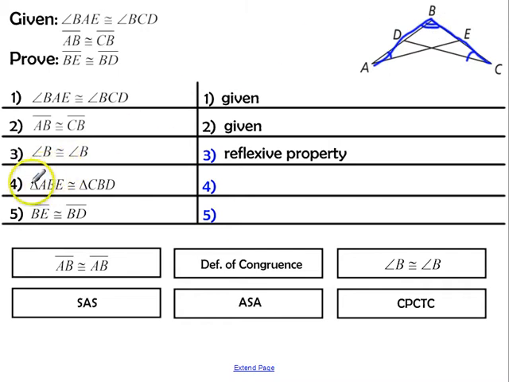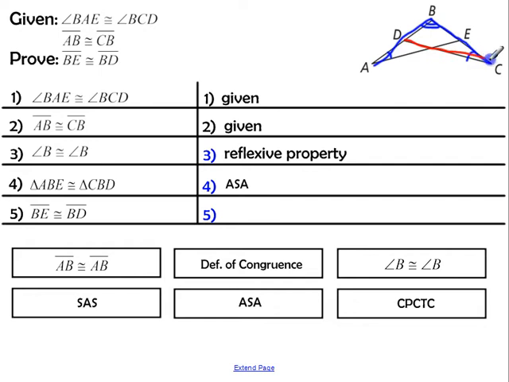And then triangle ABE is congruent to CBD using what property? So ABE is congruent to CBD using angle side angle. Now that we have that the two triangles are congruent, we can say the remaining sides and angles are congruent.